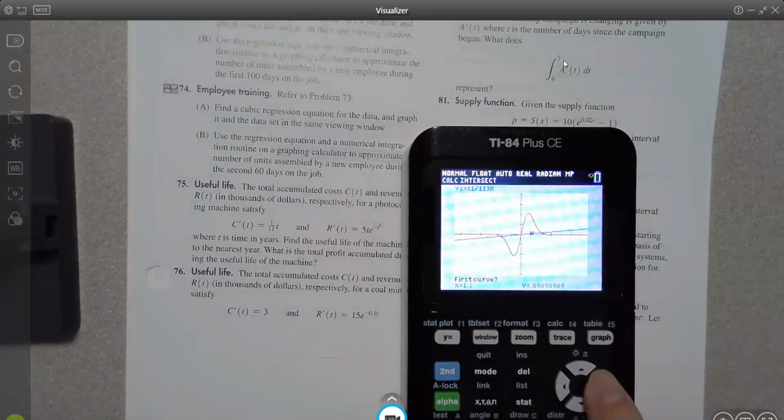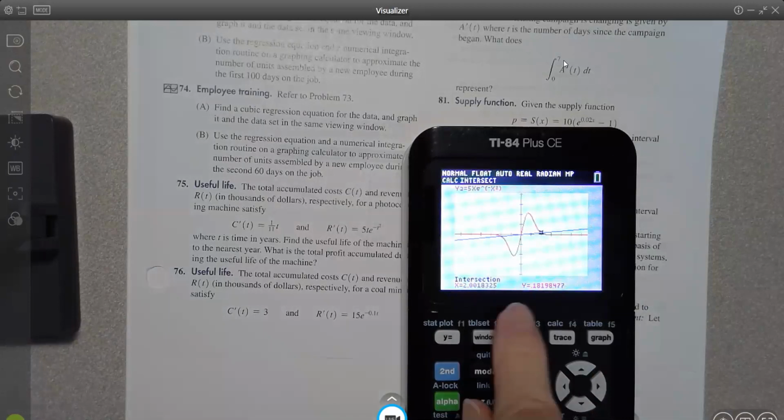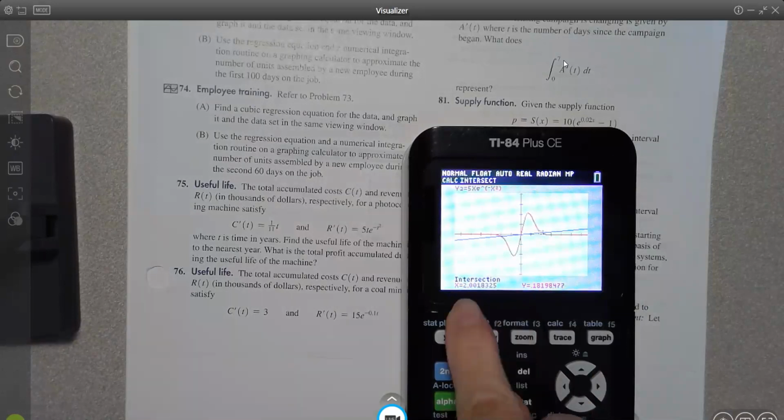And when you do intersection, once you get it to where the two lines cross, you hit your enter 3 times until it comes up with the word intersection. And my useful life here to the nearest year, and I'm after the X, remember this is time, would be just 2. So that's one part of it.